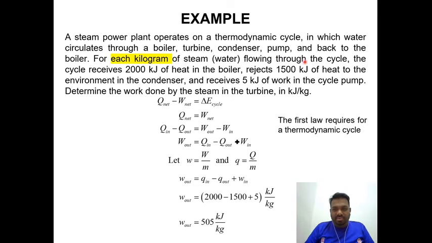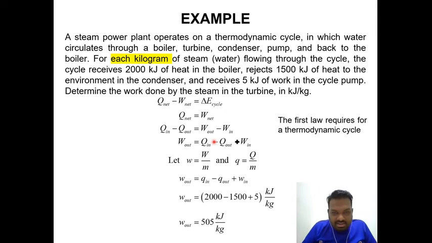Going through the cycle, it receives 2000 kilojoule of heat in the boiler, releases 1500 kilojoule of heat in the condenser in the second state, and receives 5 kilojoule of work in the cycle pump, the third one, before coming back to the same place.